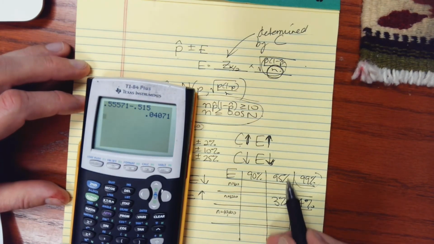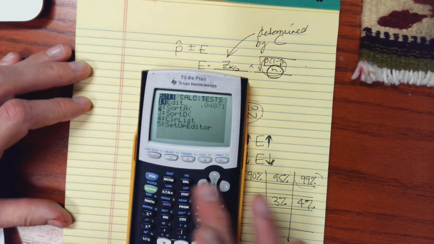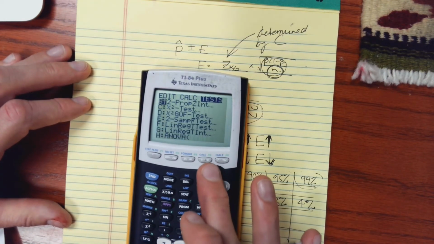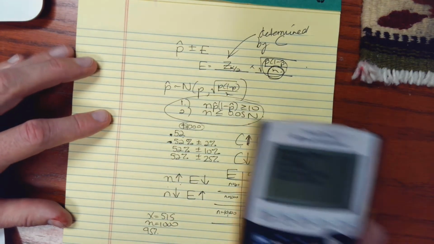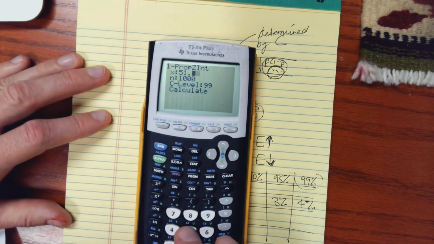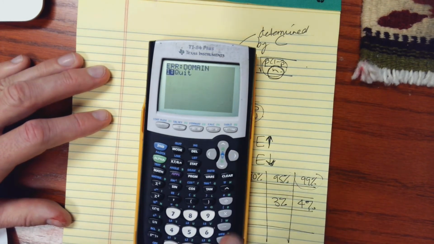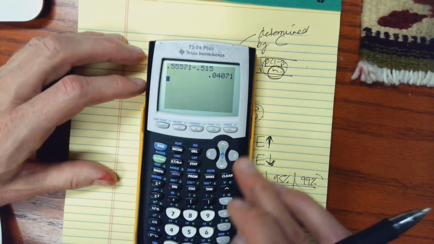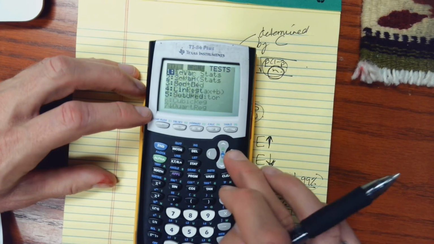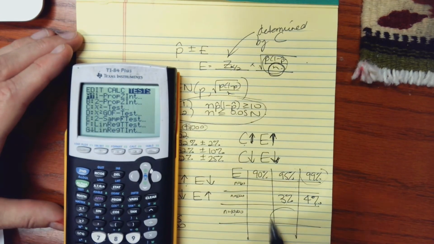Now, what happens if I kept this the same, but took a smaller sample size? So I'll go stat, test. So this time I'm going to change the x value to 51.5 out of 100. So I want to keep the same percentage, and I'll change this to 95. I think the problem there is I put a decimal in. I'm going to go the other way, and let's calculate this one here.